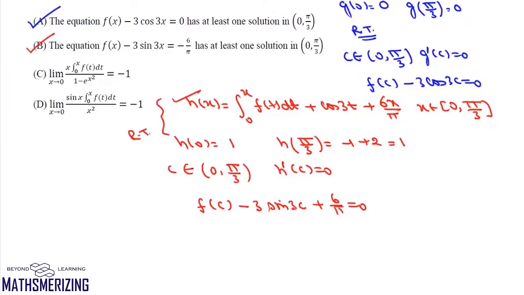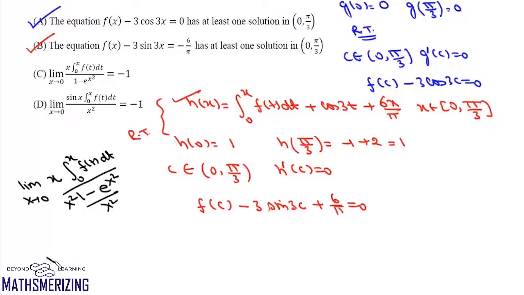Now if we look at this option C, which is this limit as x tends to 0, x times the integral from 0 to x of f(t) dt upon 1 minus e to the power x squared. Now what we'll do is multiply and divide it with x squared.